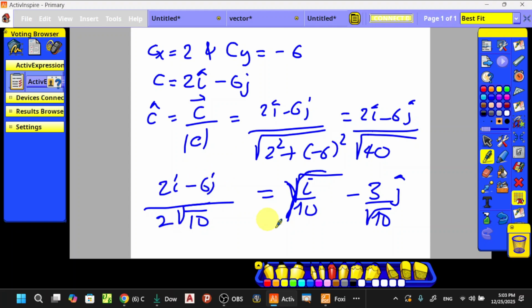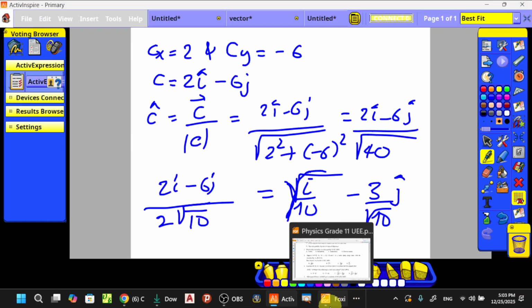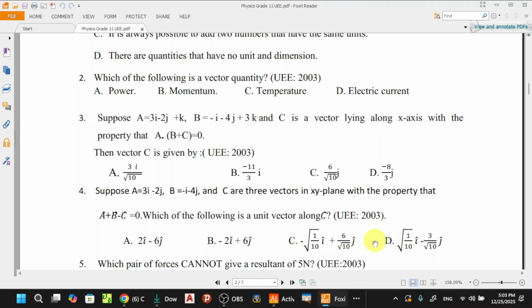That's the answer. Let's see whether we have this option. Yeah, 1 over square root of 10 i minus 3 over square root of 10 j. That's the answer. That's D.